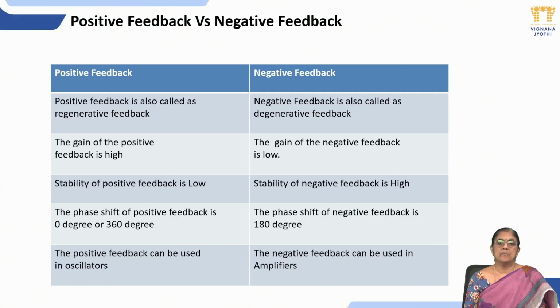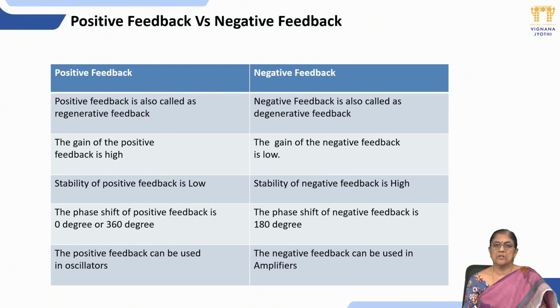Next we will see the comparison between positive feedback and negative feedback. In positive feedback, the feedback signal is in phase with the signal source. In negative feedback, the feedback signal is out of phase with the signal source. Positive feedback is also known as regenerative feedback.